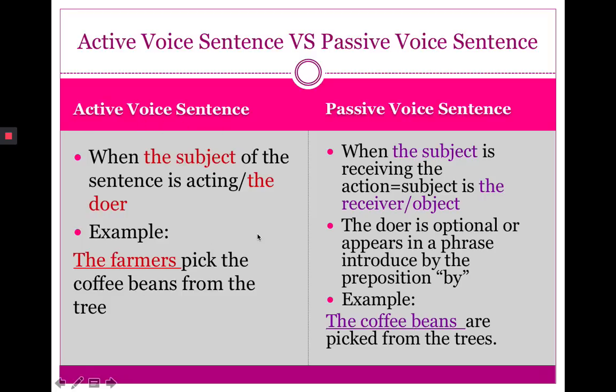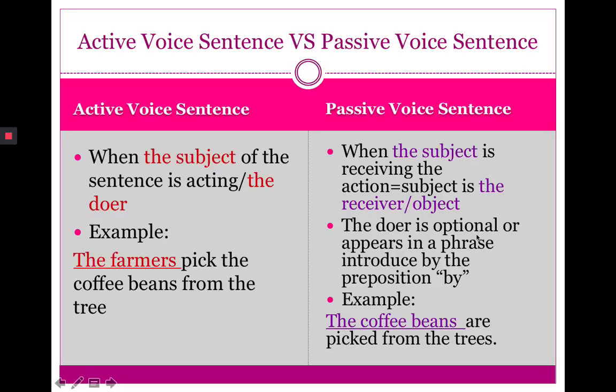Subject, verb, object. But the passive voice sentence happens when the subject is receiving the action. The subject is the receiver. So for a passive voice sentence, the subject is actually the object. You take the object at the back and put it in front. That is a passive voice sentence.